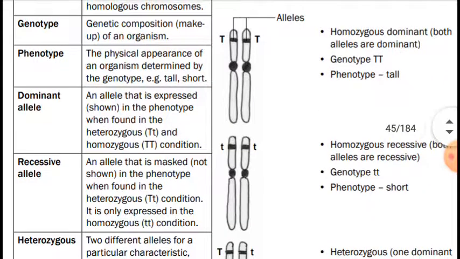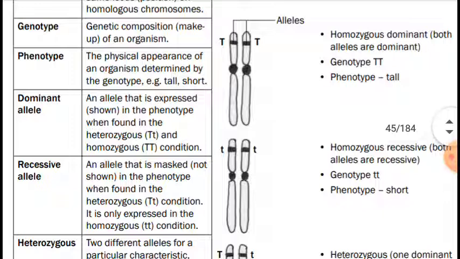Let's go on to the next one. What is a dominant allele? A dominant allele is an allele that is expressed in the phenotype when found in the heterozygous and homozygous condition. Let's say we have two parents. The father is dominant and the mother is recessive. What will happen if they mate?